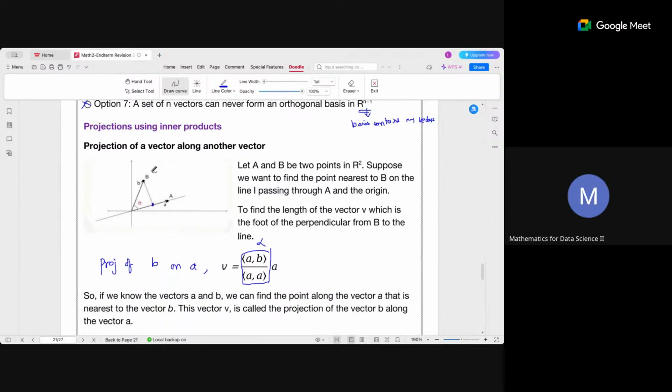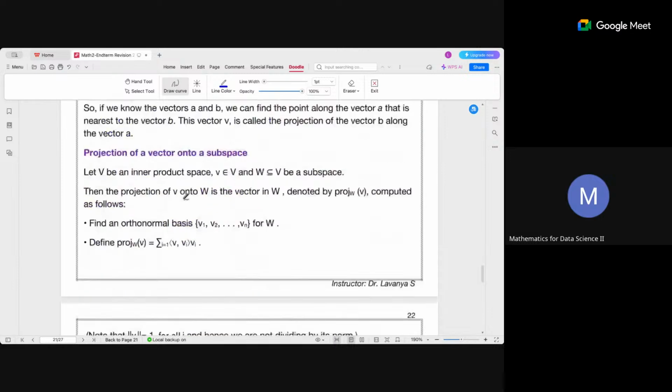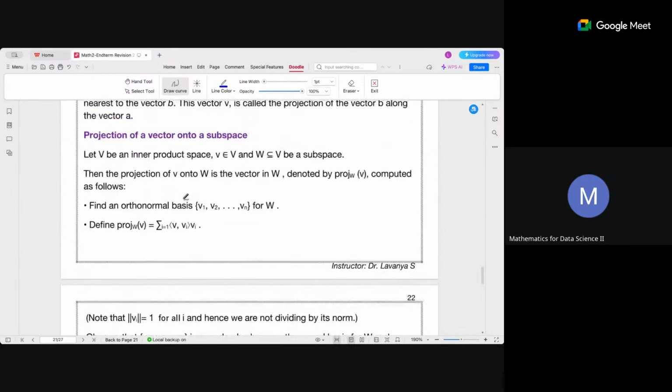Now, instead of just one vector, suppose we want the projection of V on a subspace W. For that, you first need to find an orthonormal basis for W. Then the projection of V on W is given by the summation for i equal to 1 to n of inner product of V, Vi times Vi.